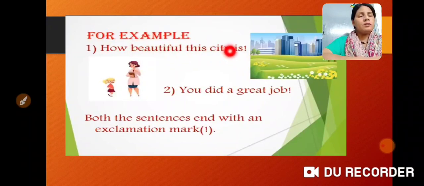After reading this sentence, it means whoever is saying it is in a feeling of surprise at how beautiful this city is. Then, you did a great job! Both these sentences end with an exclamation mark.